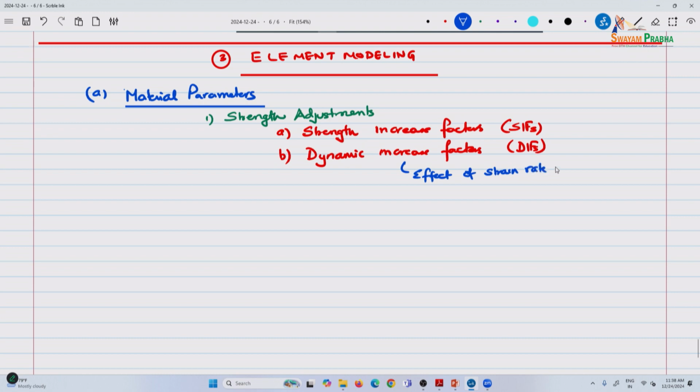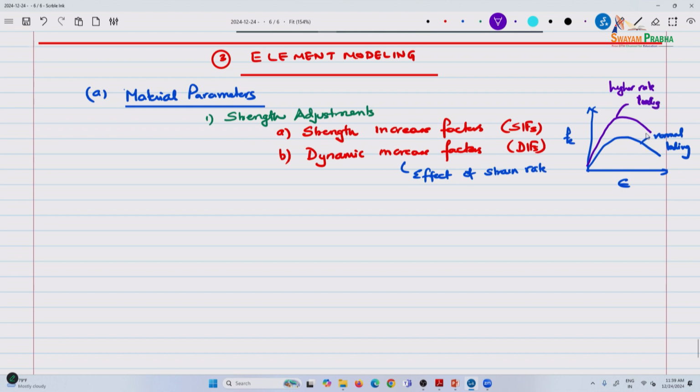You may be familiar with this: if you look at the strength of concrete versus strain under normal loading, and then load it at a much higher rate, you'll find an increase. It might fail earlier, but it definitely has a much higher strength, and we account for this difference ratio in terms of strength increase factors.